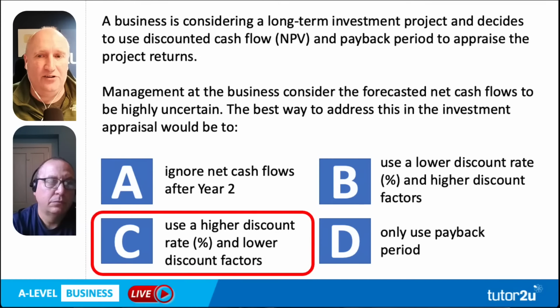And the way you get a lower discount factor is to use a higher discount rate. So that's how NPV works. Those discount factors reflect the percentage discount rate that you use. So if you're not sure about future investments, it could easily be a paper 3 question, say in AQA, and you think it's highly uncertain, one way of reducing the risk of making the wrong decision is to use a higher discount rate, and therefore the discount factors are much lower. They reduce the value of future cash inflows the further you get away from year 1 and 2. That's the reason for that answer.